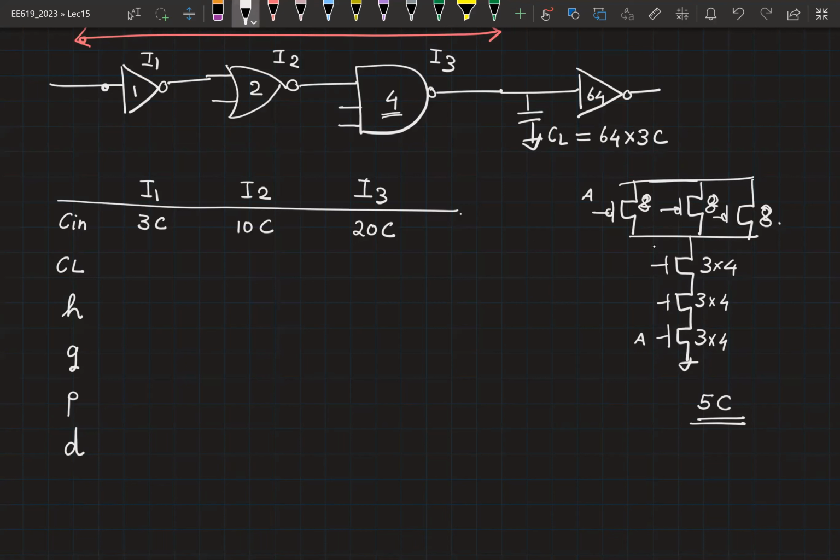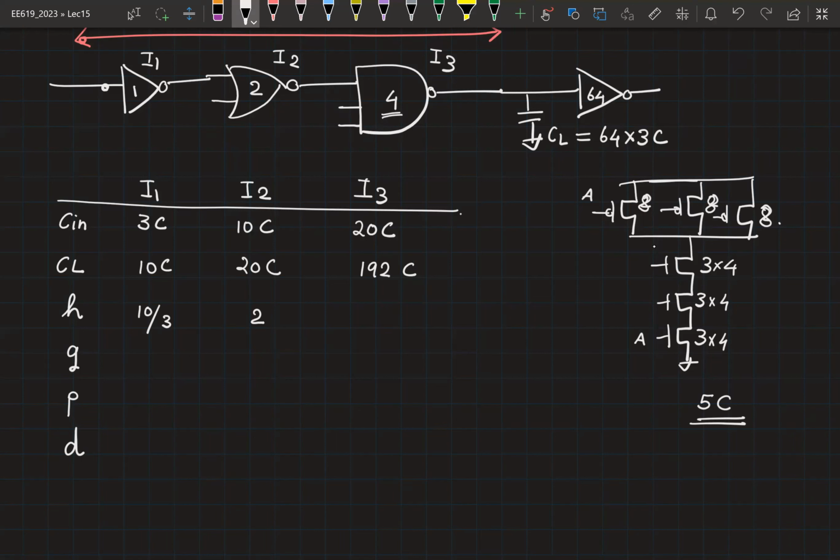So once you write the Cin table, the CL table is quite easy. This is 10C, this is 20C, and this is 64 into 3C, which is 192 into C. Now H is CL by Cin. So this is 10 by 3. This is 20 by 10.